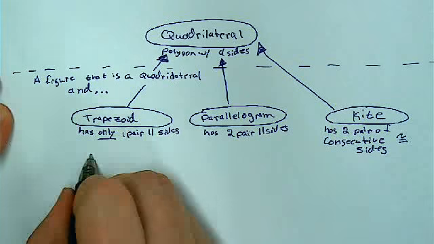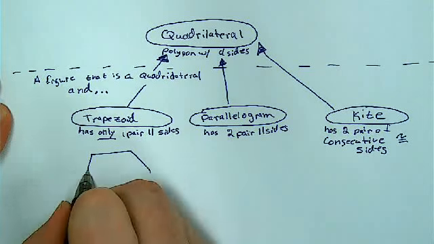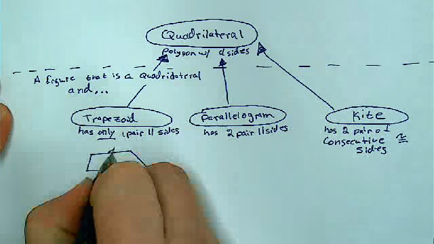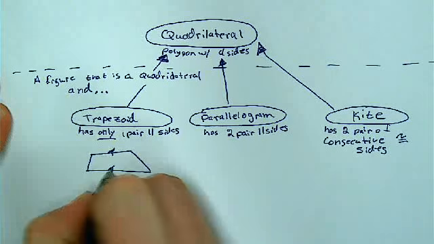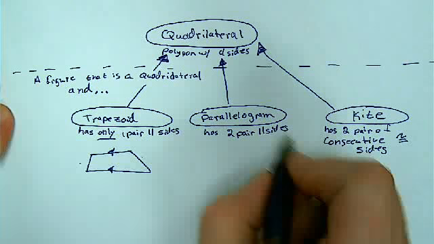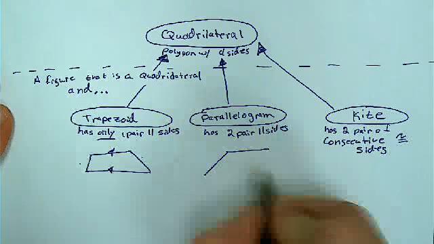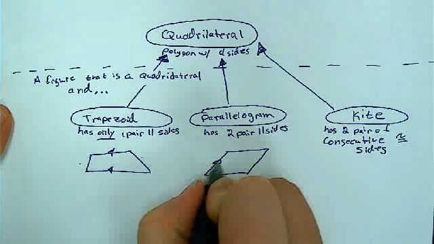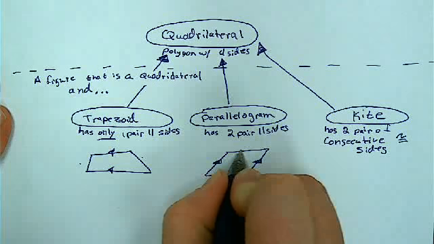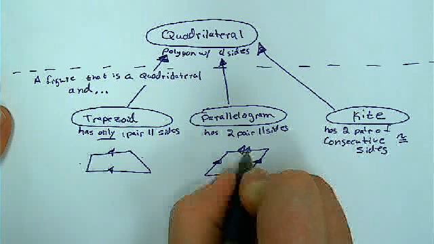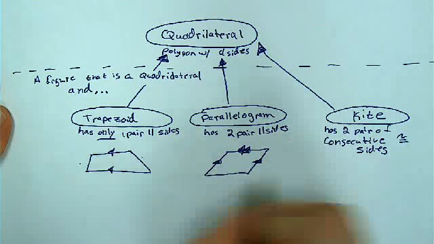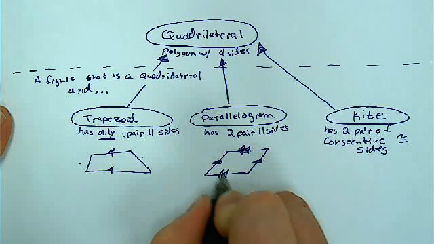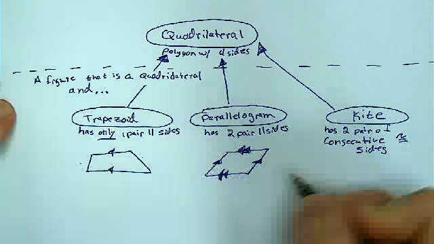A trapezoid you guys probably have seen before. Those sides are parallel. Those sides are not. Parallelogram. Let's take a rectangle and give it a good hearty kick. Over it goes. There.